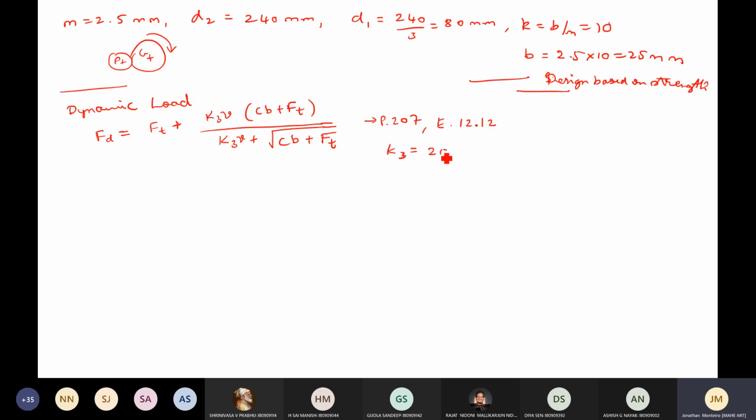It is just a factor for conversion. V is the velocity which we calculated, the linear velocity. B is the face width. What is FT? FT refers to the tangential tooth load.